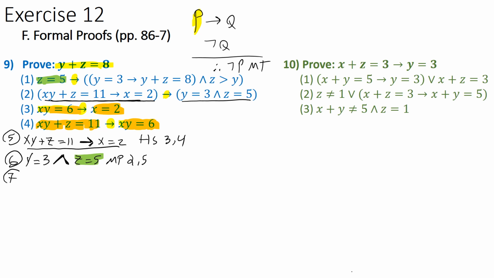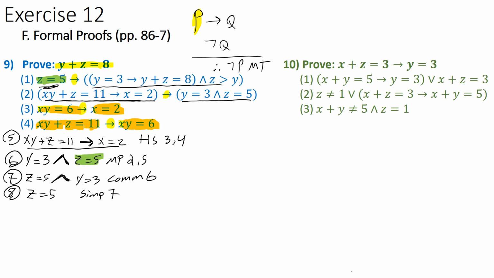So for line 7, we'll say z is equal to 5 and y is equal to 3 by the commutative rule on line 6. And then for 8, we'll simplify to get z is equal to 5. Simplification, 7. Then we could affirm the antecedent to get the consequent there.